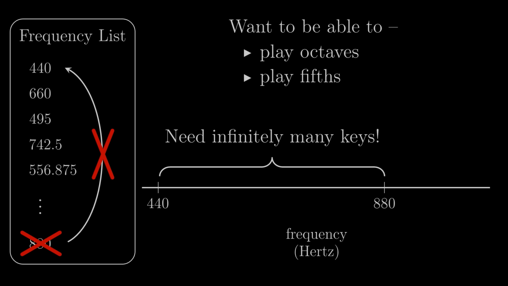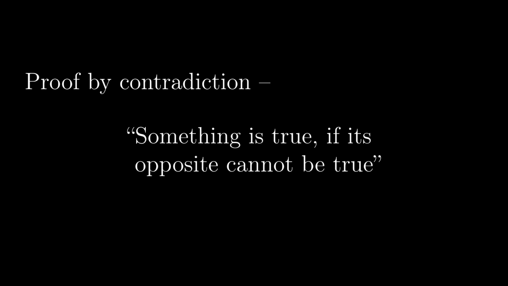To prove that we will never make it back to 440, we will use an approach called proof by contradiction, which says that something is true if its opposite cannot be true, because it leads to a contradiction. So, if we do return at some point to 440, that happens after a certain number of times, let's call this number n, in which we went up a fifth.